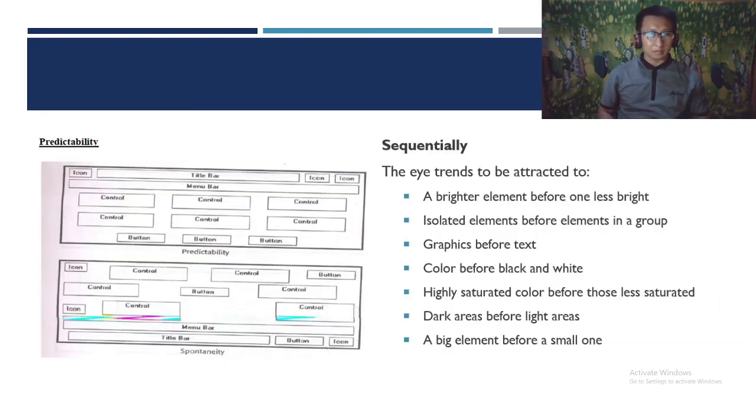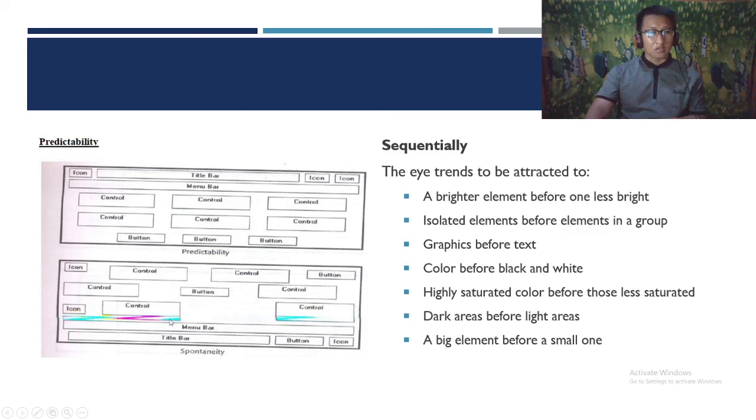Example, predictability. Predictability looks like this one. As you see, this one has an icon, title bar, icon, menu bar, and the buttons here, and this is organized, unlike this one.